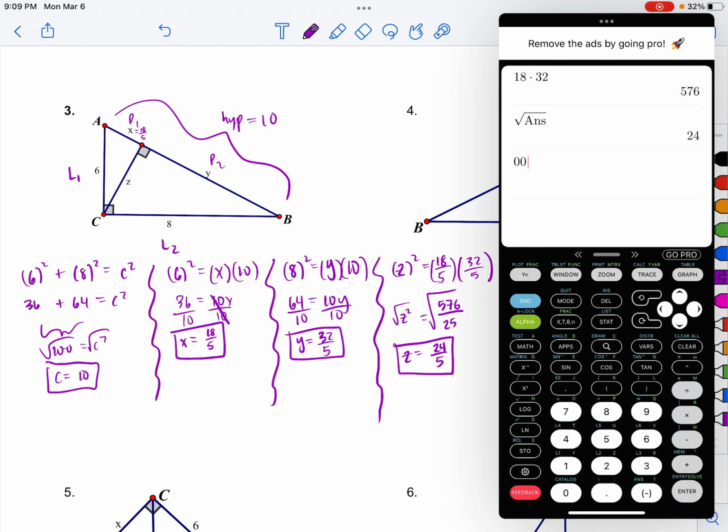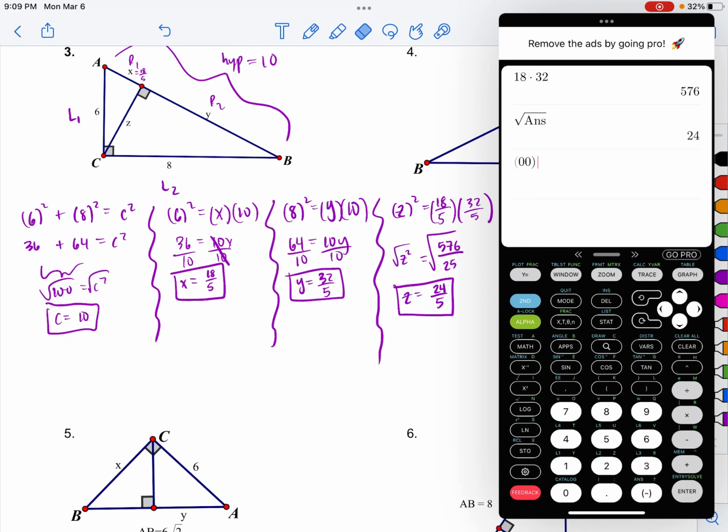Now, you can technically do this particular problem with decimals. This would be 3.6, and this should be 6.4, which would also give us here 4.8, but I do not recommend doing that. I would keep this in fraction form, okay?